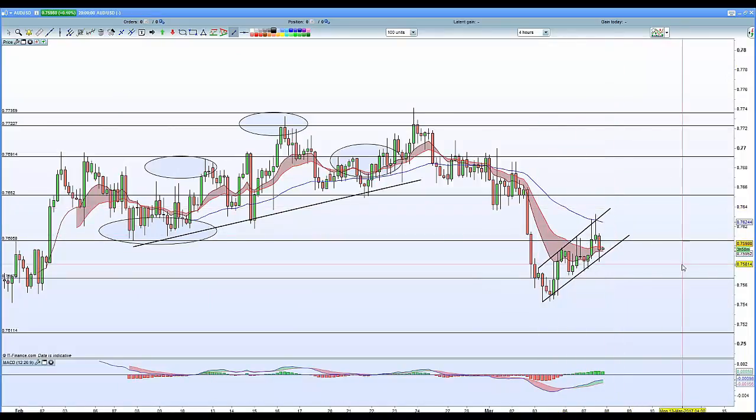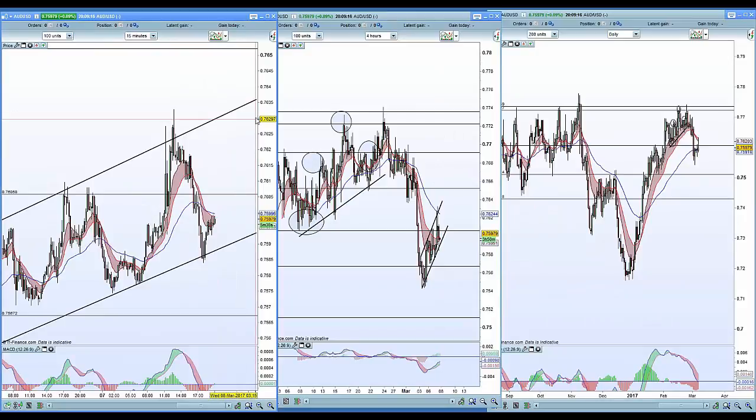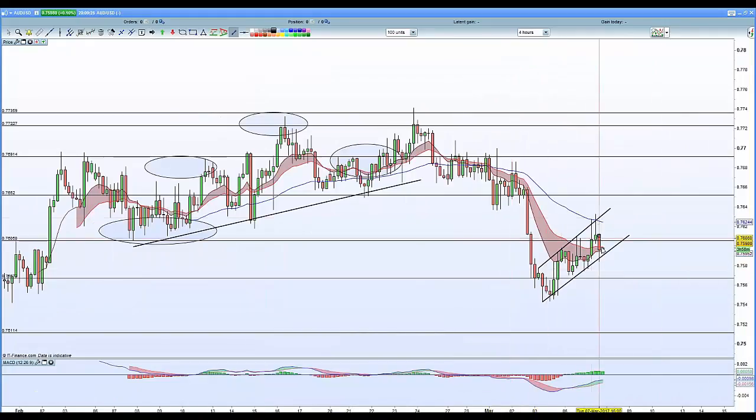Again, this is a type 1 corrective structure, which means that the correction is counter trend. So you've got to be a bit more patient because the probability of it continuing the downtrend is still there, but it's not as high as a horizontal or with-trend corrective structure. On the 4-hour chart, very clear bearish flag pattern.